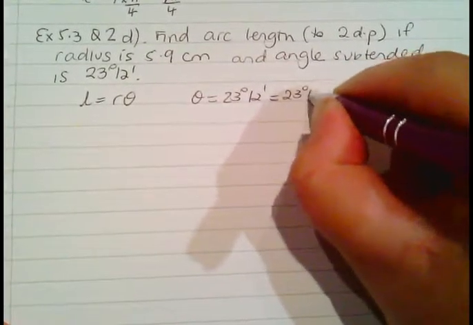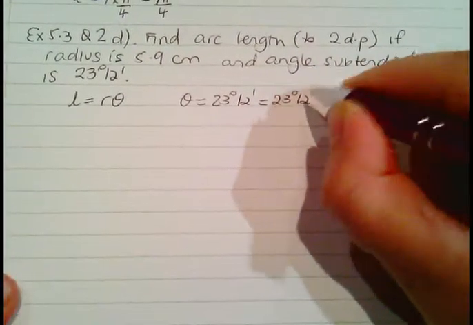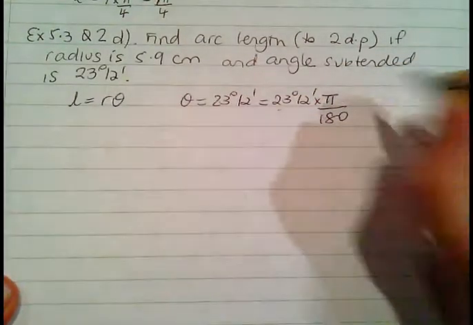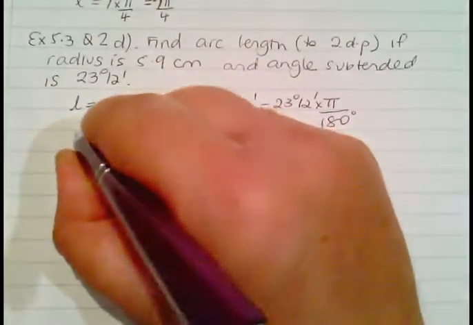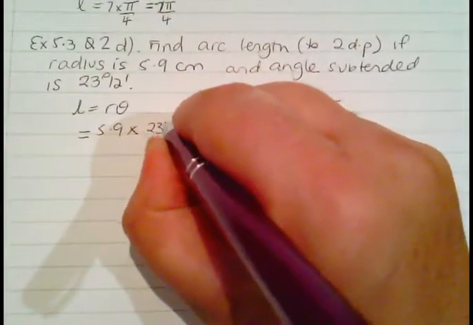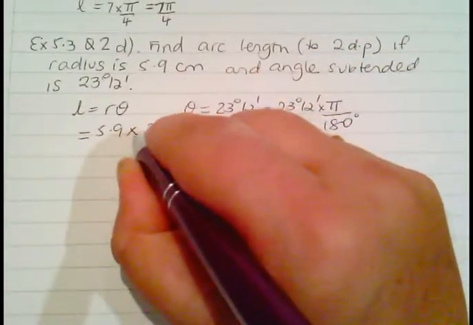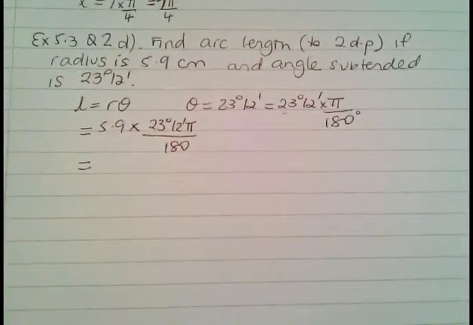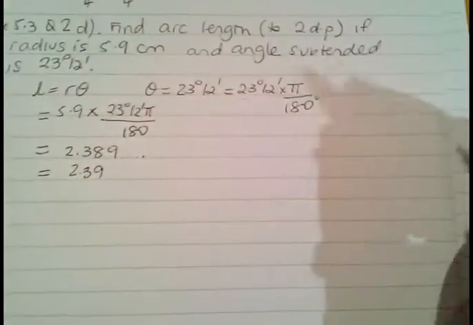Now we need to change that to radians, so it's 23 degrees 12 minutes times pi over 180 degrees. So it's going to be 5.9 times 23 degrees 12 minutes times pi over 180, and you would enter that into your calculator. That is 2.389, which to 2 decimal places is 2.39.